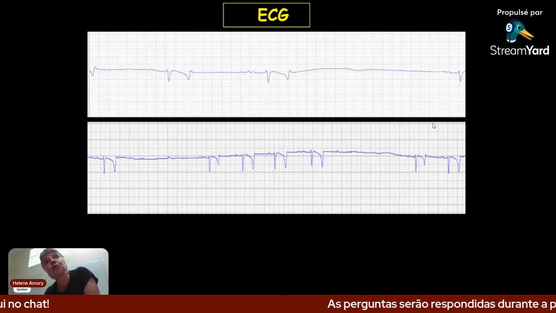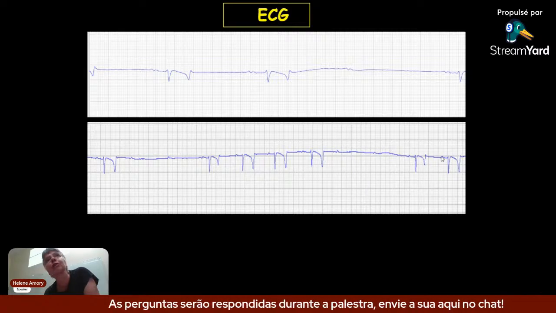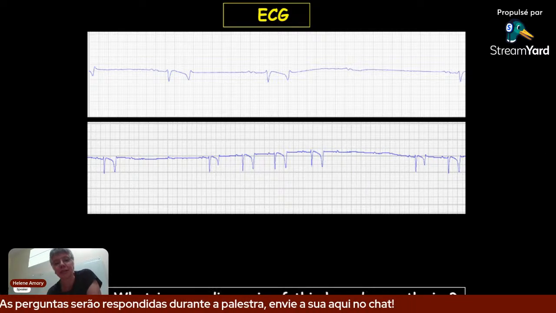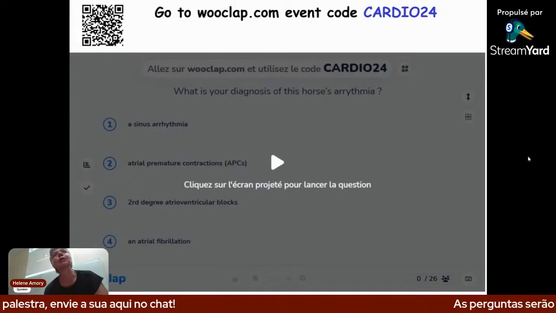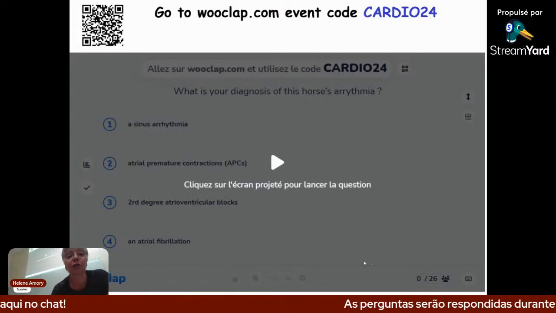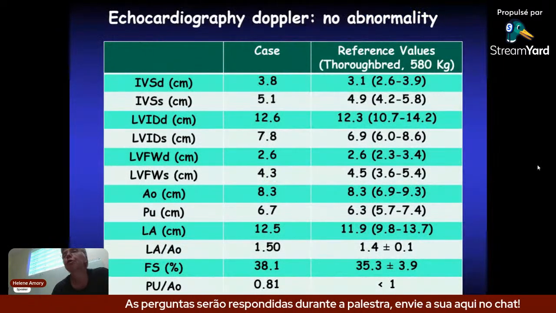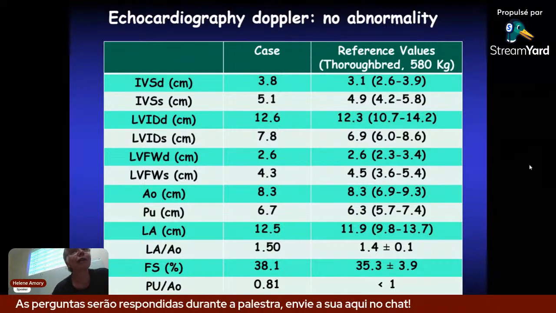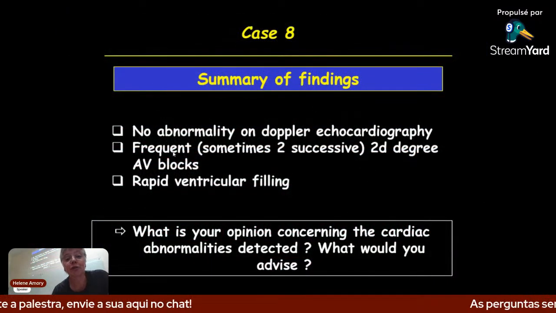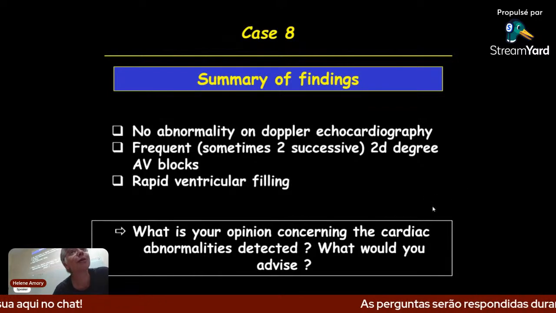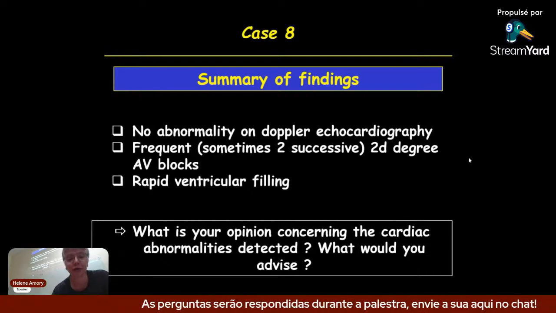This is second degree atrioventricular block, but sometimes we have two consecutive of these on the ECG, okay? The diagnosis I will pass because we are late now. It's second degree atrioventricular block. We do an echocardiography, and we have nothing on echocardiography. In summary, we have suspicion of rapid ventricular filling and second degree atrioventricular block.